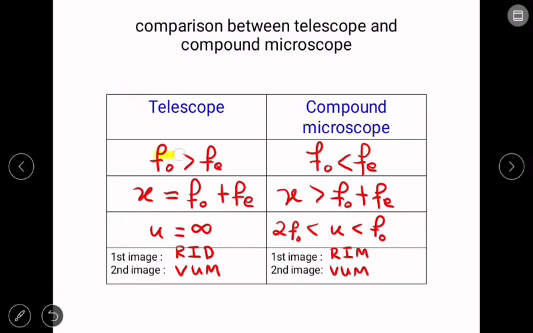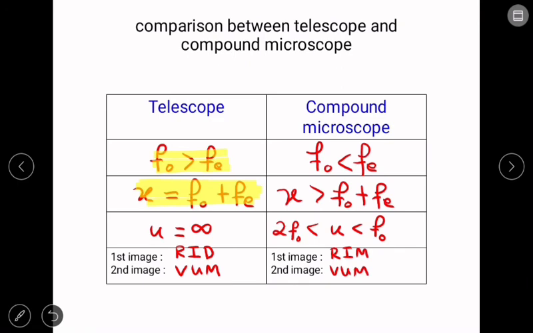Telescope, FO is more than FE, but compound microscope, FO is less than FE. For a telescope, the distance between the two lenses is equal to FO plus FE. But for a compound microscope, it is more than FO plus FE. For a telescope, the object needs to be placed at infinity, but for a compound microscope, it has to be in between FO and 2FO.